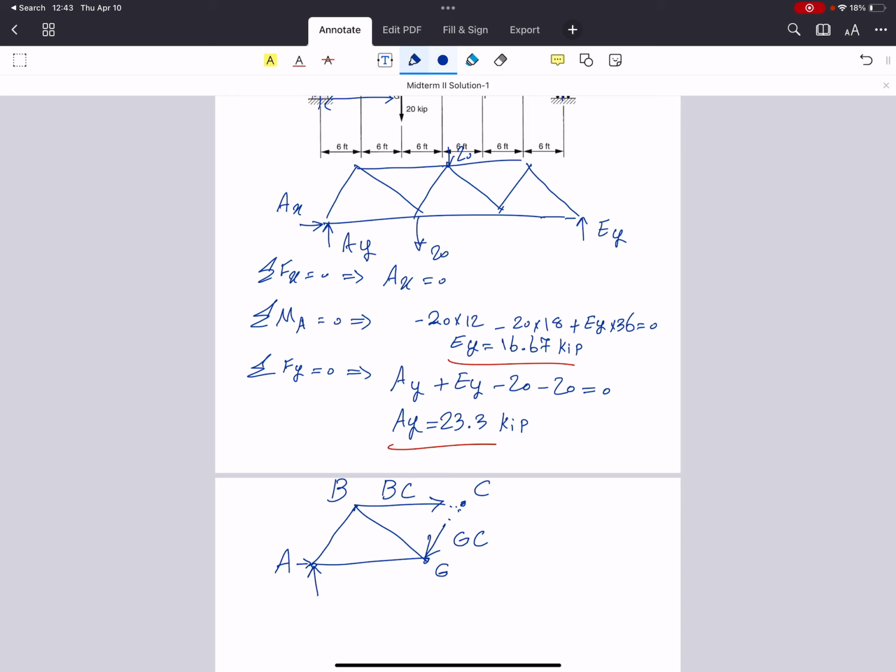AX is 0, AY is 23.3. Do we have any forces there? Yes, this is going to be 20. So now we can solve for BC and GC.